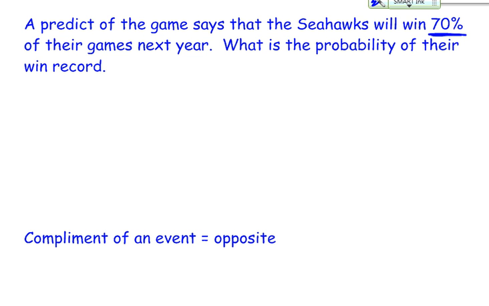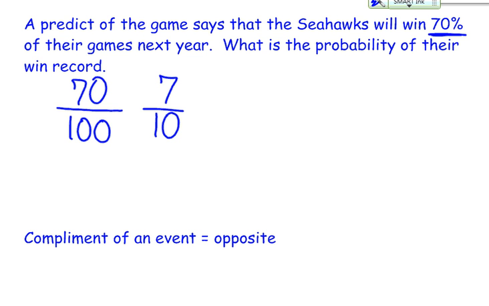So how are we going to convert 70 into a fraction to get probability? The easiest way to do that is take 70 and put it over 100. And of course, that's going to be 70 hundredths. And then I can reduce that to 7 tenths. And so we have a probability of their win record being 7 tenths.